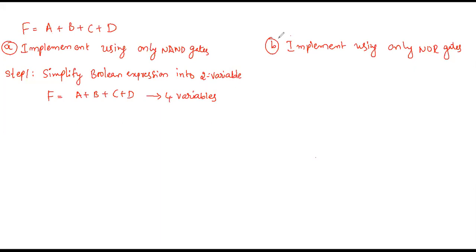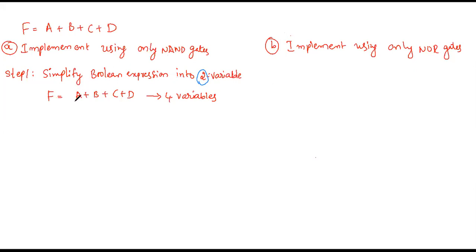Remember the term two, because our main aim is to implement the given function with two input AND gate and two input OR gate.